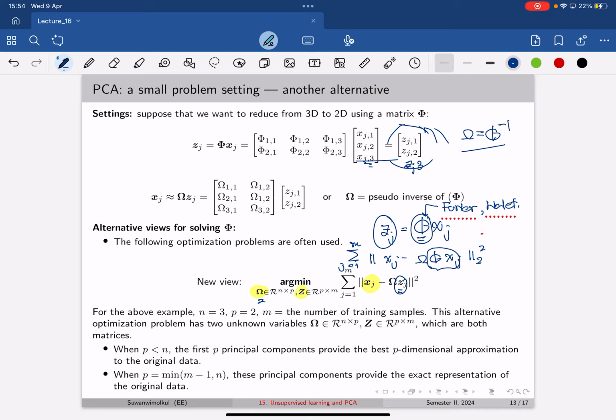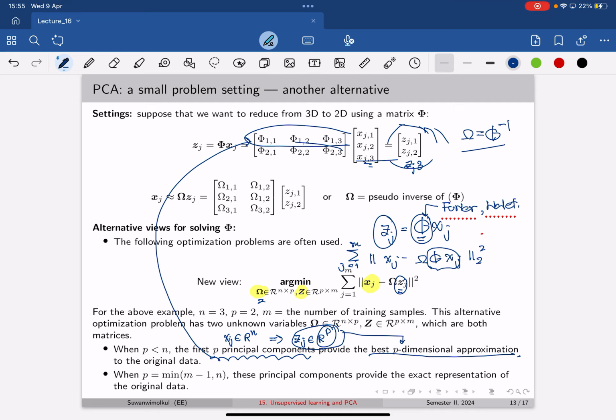There's another thing about this: if xj is in R^n, and we say that our projection gives zj in R^p, then this zj will be the best p-dimensional approximation, and these p principal components will be the principal components of this phi matrix.